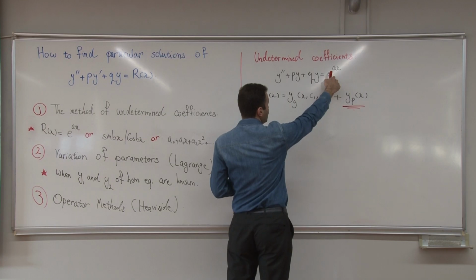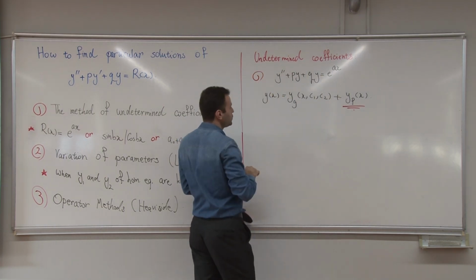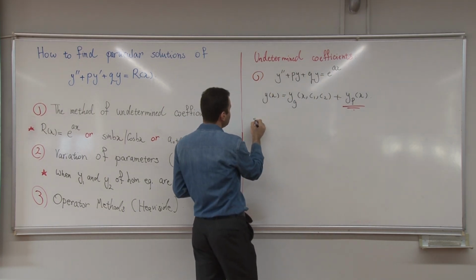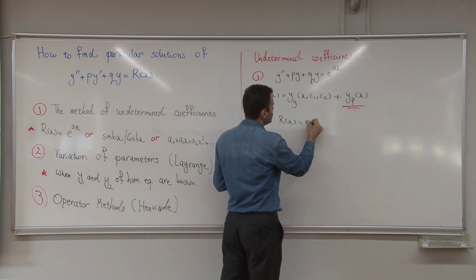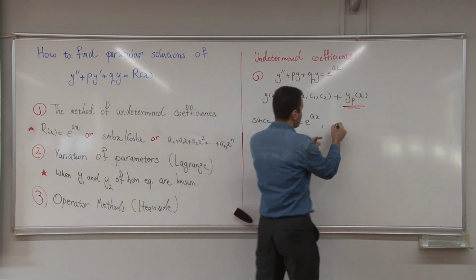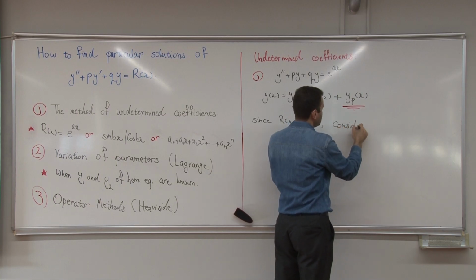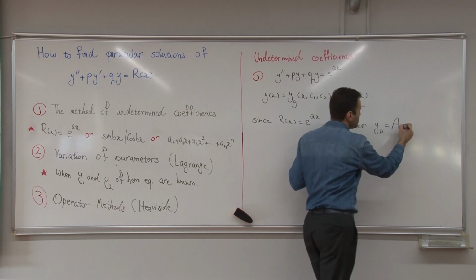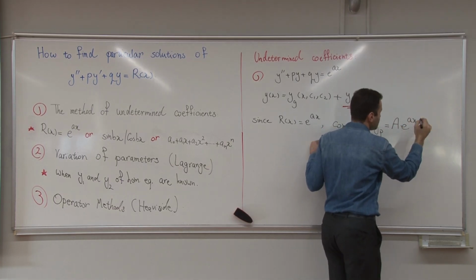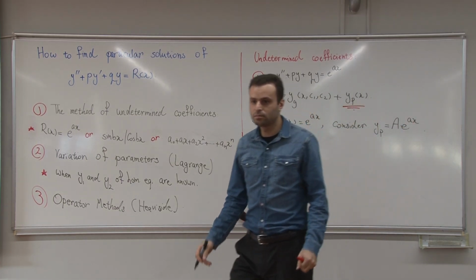Here, in this case, we call it case 1. Since r of x is e to the power of ax, consider y of x as A times e to the power of ax. Okay?